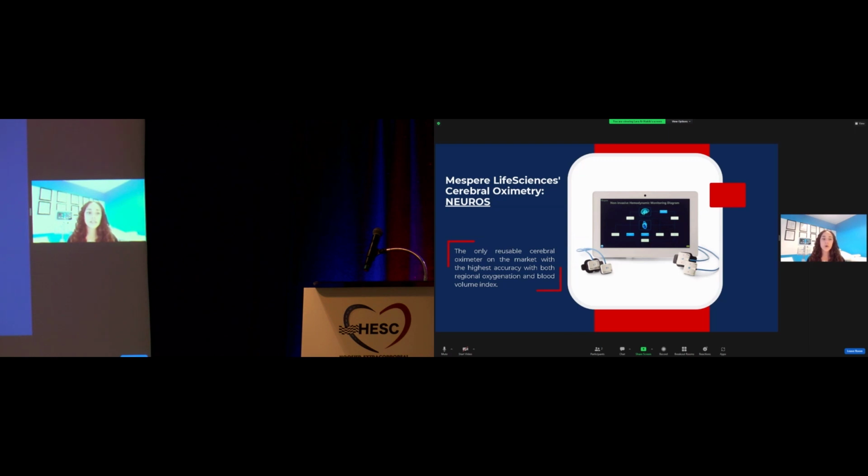It is currently the only reusable cerebral oximeter on the market with the highest accuracy, as well as having both regional oxygenation and blood volume index. I'm going to take the next few minutes to talk a little more about our product and our solution and how it could be beneficial to perfusionists or really anyone that has patients go on a heart-lung machine.